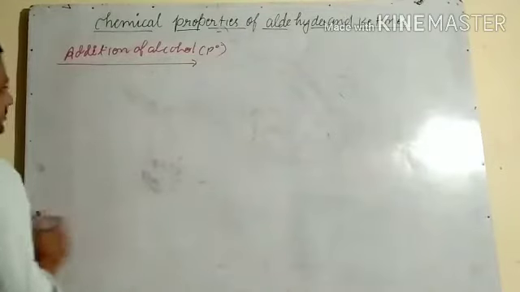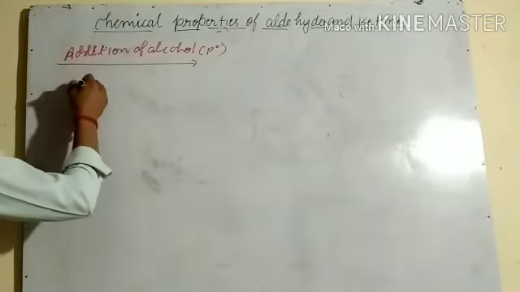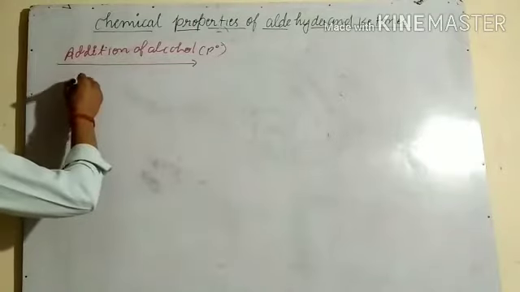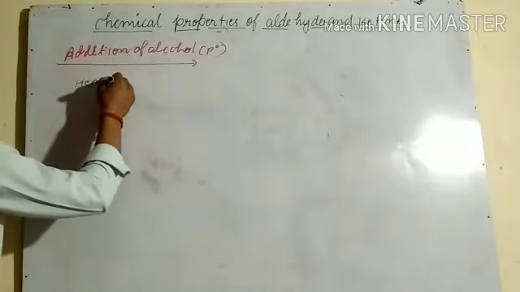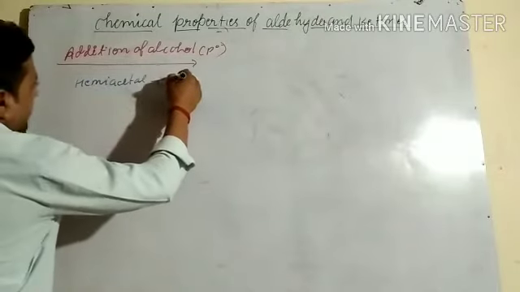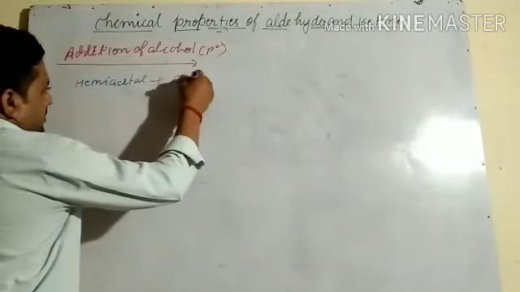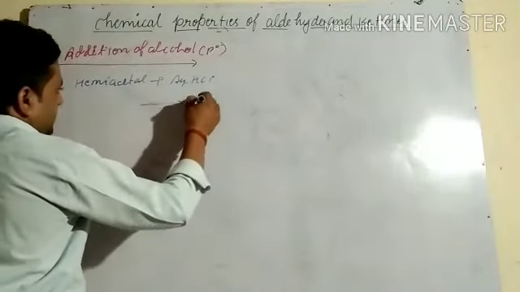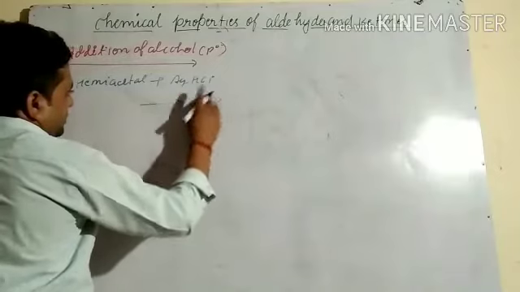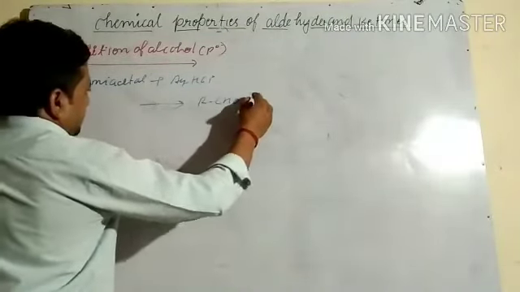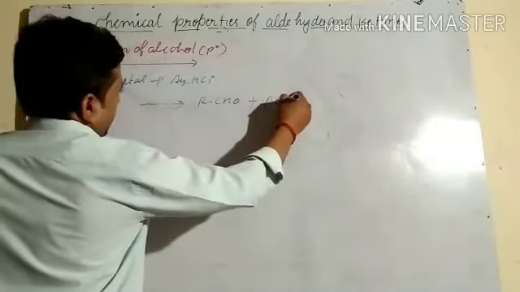If hemiacetal is treated with aqueous HCl like this, it will form RCHO plus ROH.